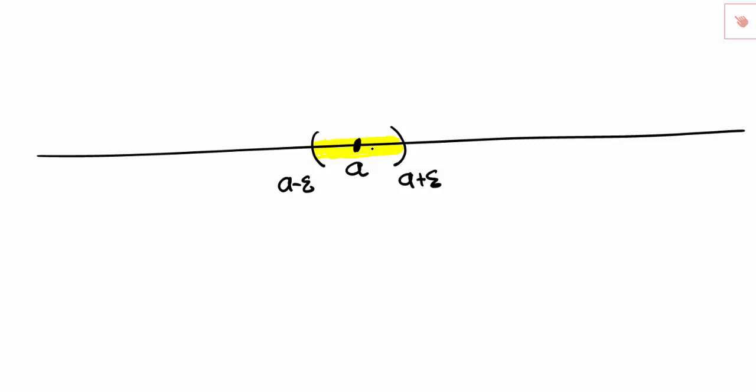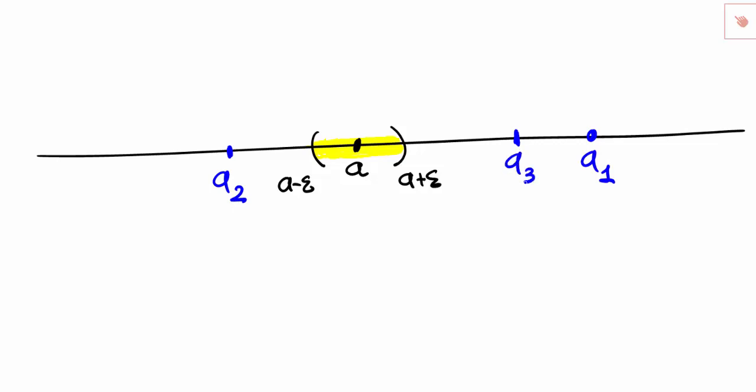Now, if you have a sequence which is convergent to A, perhaps the first term could be here. Maybe A1 is there, and maybe A2 is here, and maybe A3 is here, and so on.